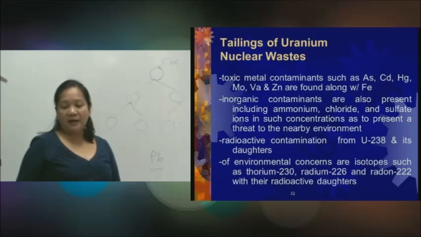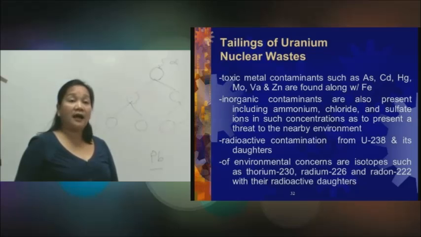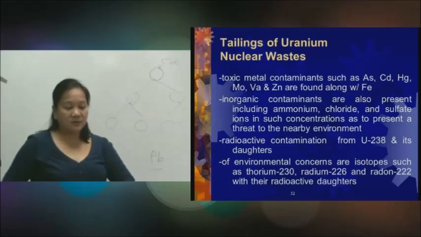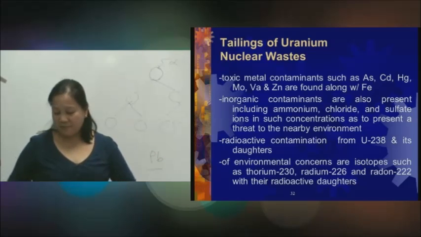So you may also have arsenic, cadmium, mercury, molybdenum, vanadium, zinc, together with iron. And these inorganic contaminants may also have some negative ions when they are present, they may also give off some impacts.